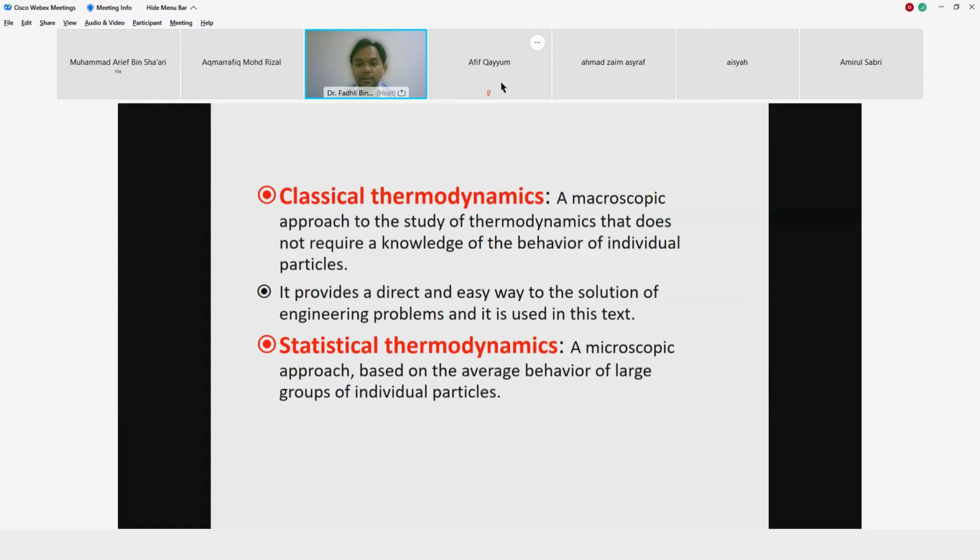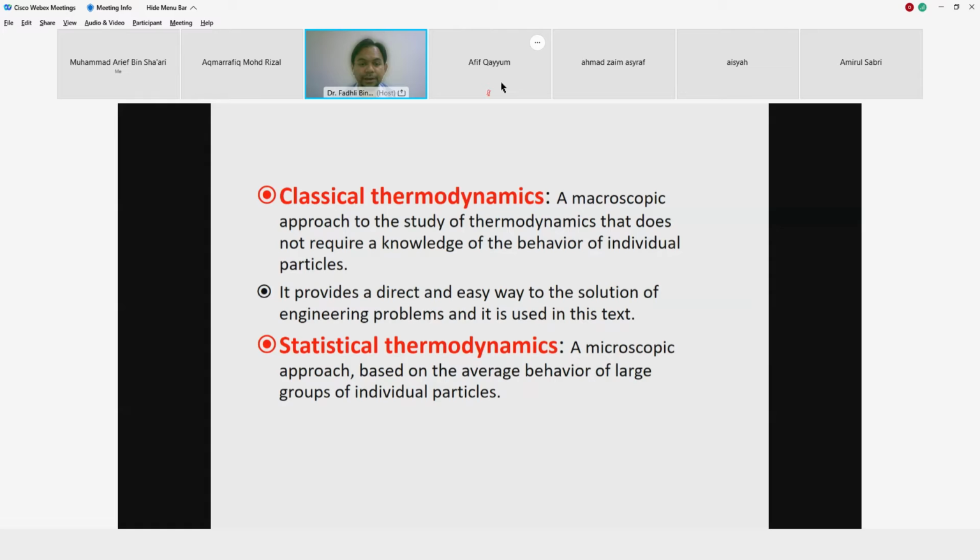All of these are individual particles, so we do not focus on that. We just focus on the macroscopic. Macro means bigger, quite bigger than micro. As I said just now, atoms and molecules, all of these particles, belong to the microscopic approach. But for our level, since we focus on classical thermodynamics, we will look at a macroscopic approach.